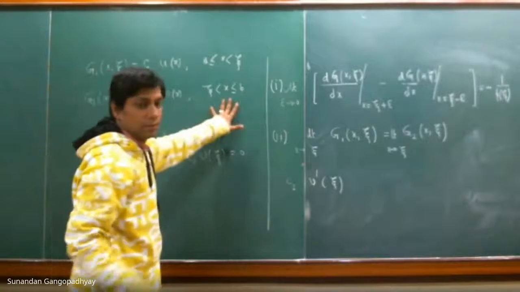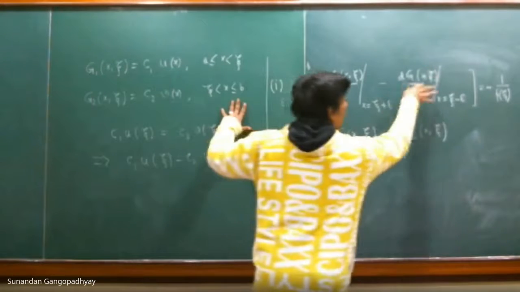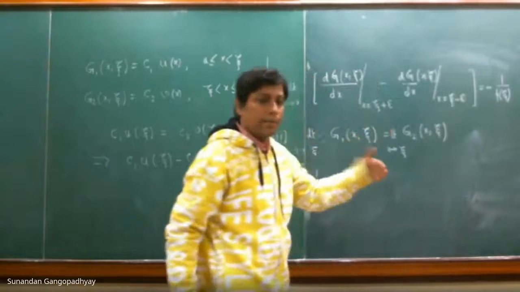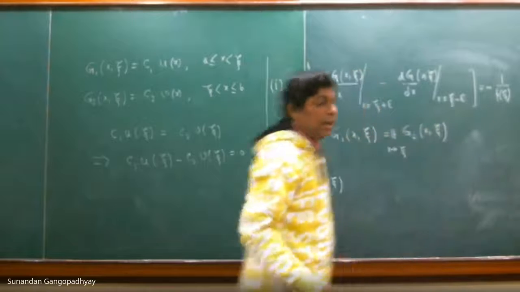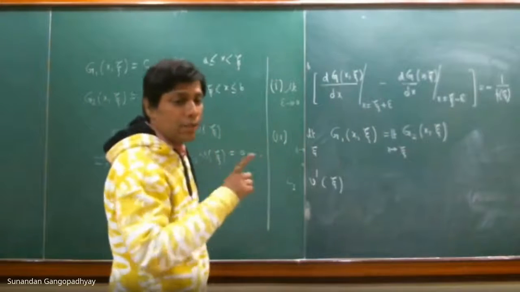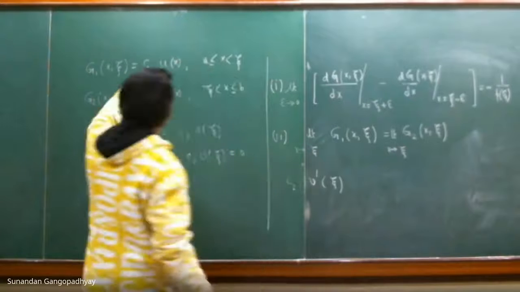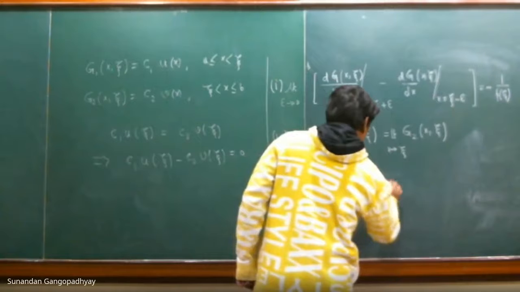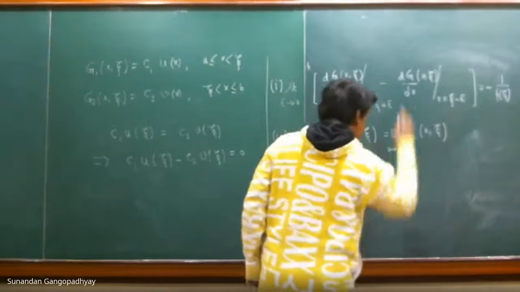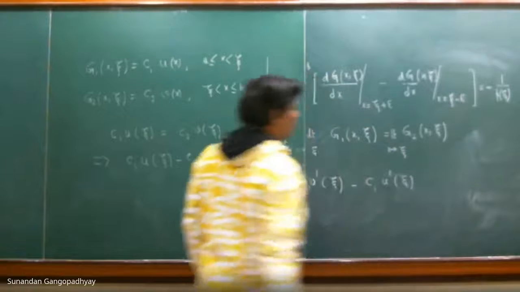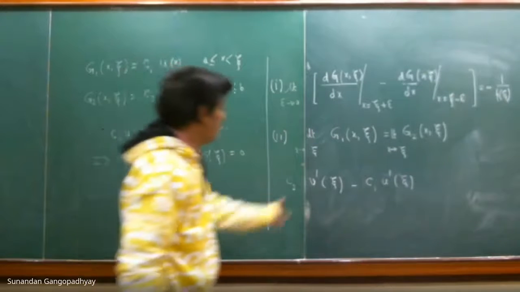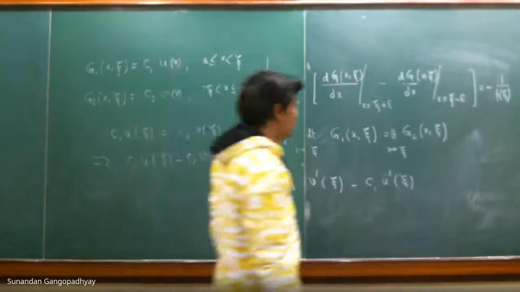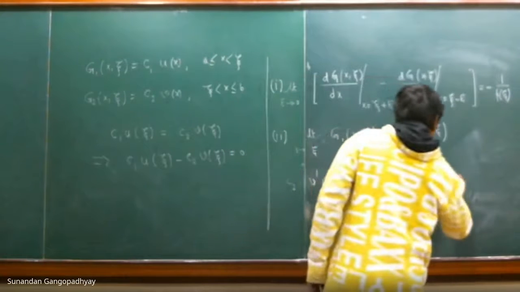And on the left hand side, x approaches xi from the left, because it is xi minus epsilon, and therefore on that side the value of g is g1. And g1 is c1 u of x, and therefore you have minus c1 u prime of x evaluated at x is equal to xi, so u prime xi. V prime and u prime are derivatives with respect to x, and then you evaluate it at x is equal to xi, and that is equal to minus 1 by p of xi.